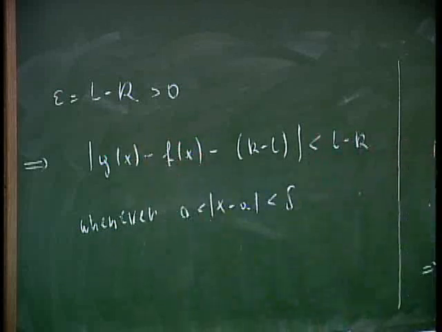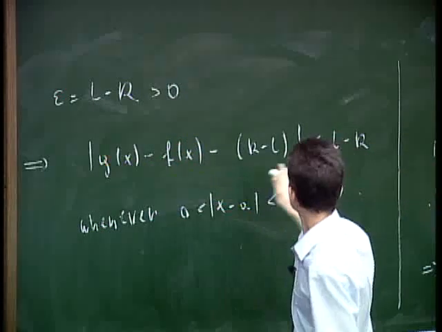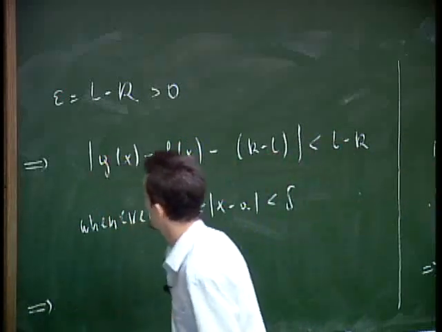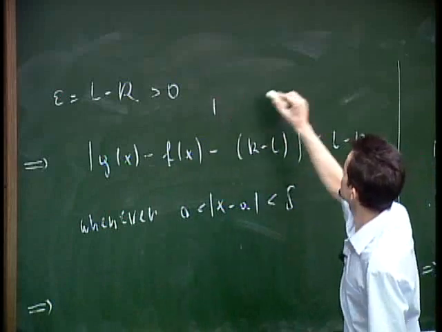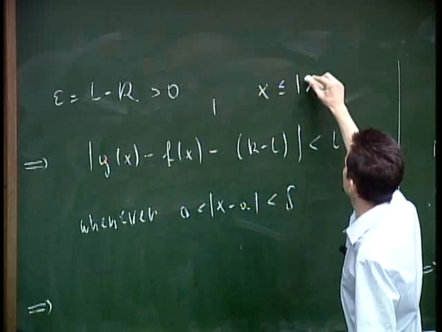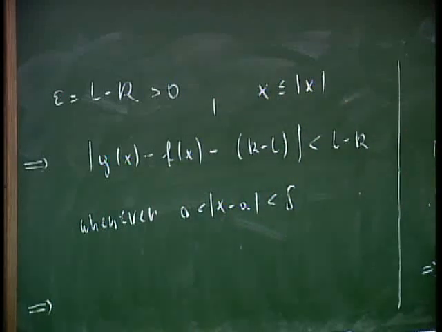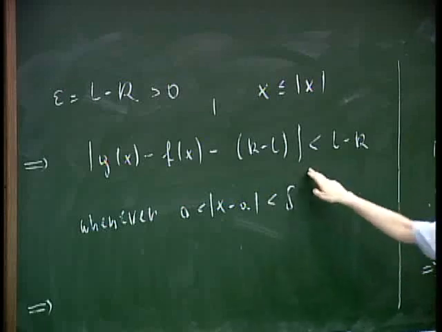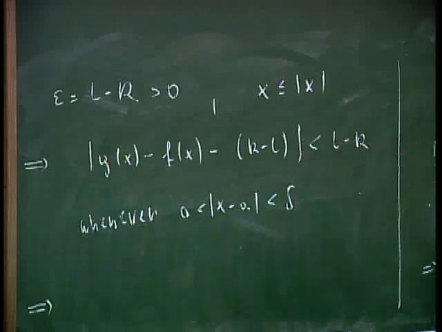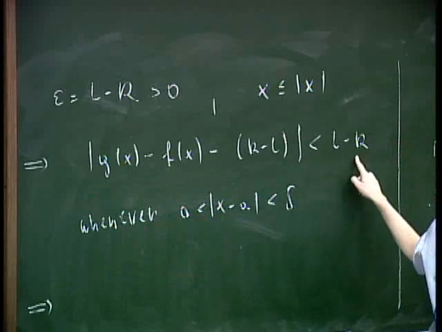Okay. Now, if you look at this here, observe that x is smaller or equal than the absolute value of x. This is always true. So you can actually forget about the absolute value, and then you see that you can erase this here.